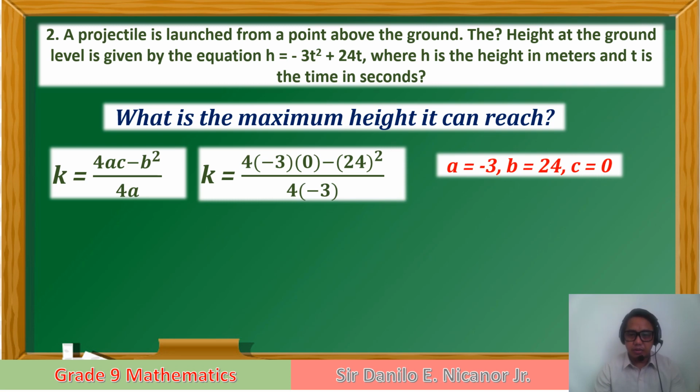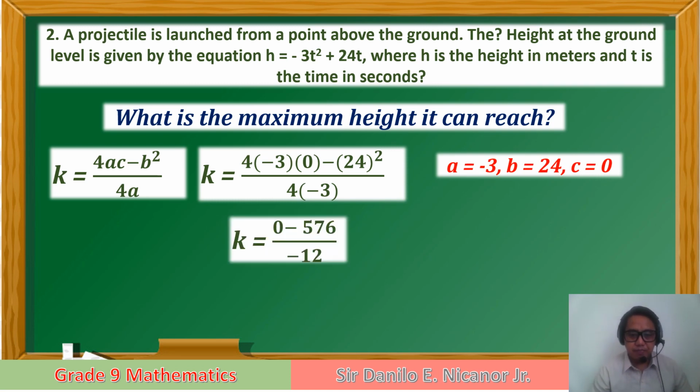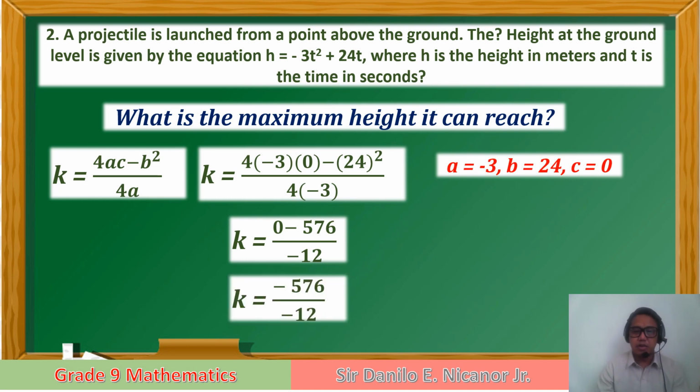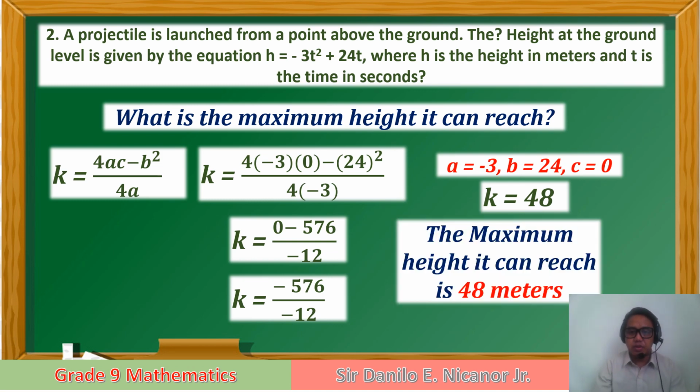So, 0 minus 24 times 24 is 576. 0 minus 576 is negative 576. Divide mo lang yan by negative 12, and that is equal to 48. So, meaning, ang maximum height na marireach niya ay 48 meters. The maximum height it can reach is 48 meters.